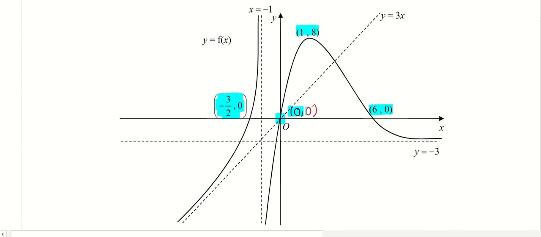All my x coordinates are going to shift to the right because I'm going to plus 1 unit. So change all your coordinates: plus 1 becomes 2, plus 1 becomes 7, minus half plus 1 becomes 1.